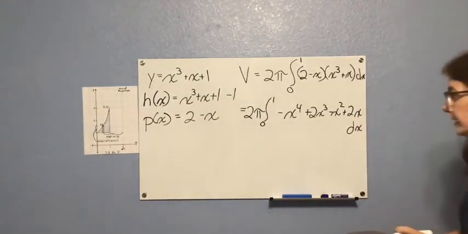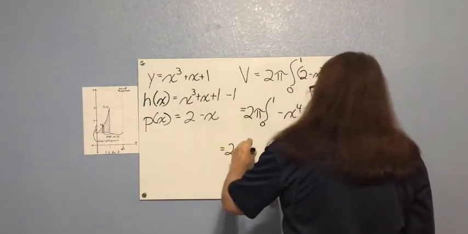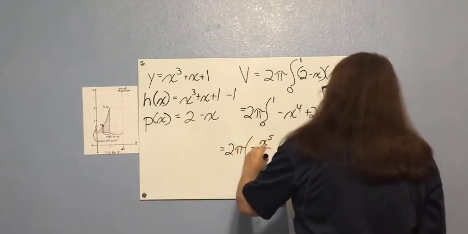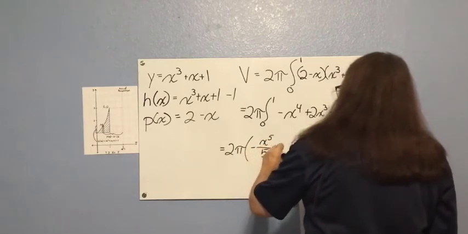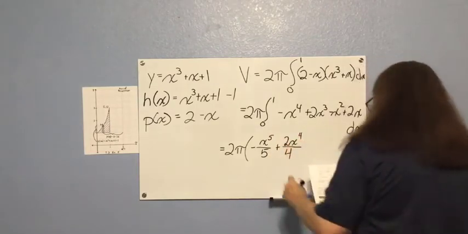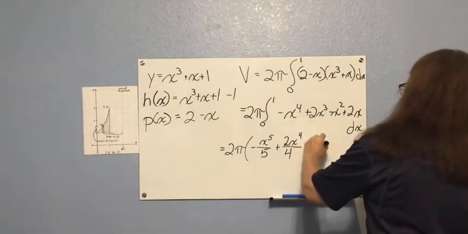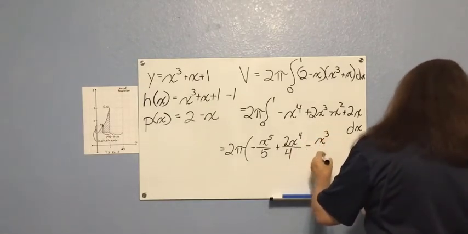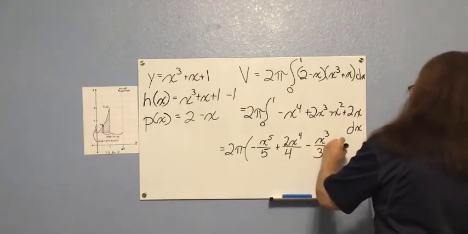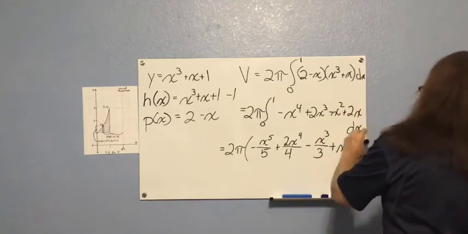Okay, so now I can integrate, which gives me 2 pi times negative x to the 5th over 5 plus 2x to the 4th over 4 minus x cubed over 3 plus x squared, and we're evaluating from 0 to 1.